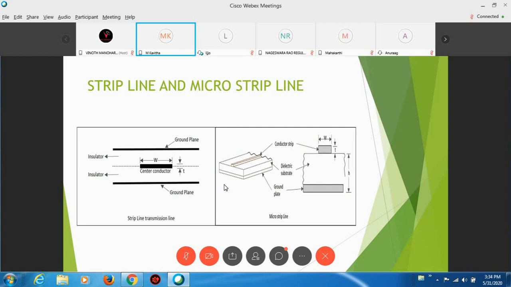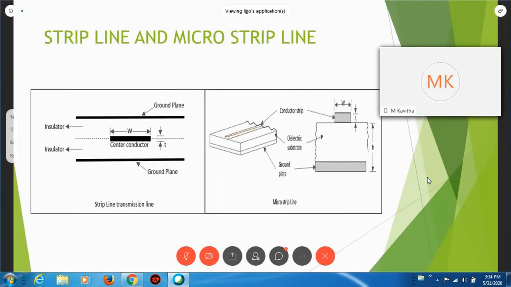It is used to guide the EM waves, and the signal is introduced into the waveguide and retrieved from the waveguide by means of coupling. The loss in the waveguide is less compared to the coaxial cable. So these are some basic concepts of coaxial line and waveguides.